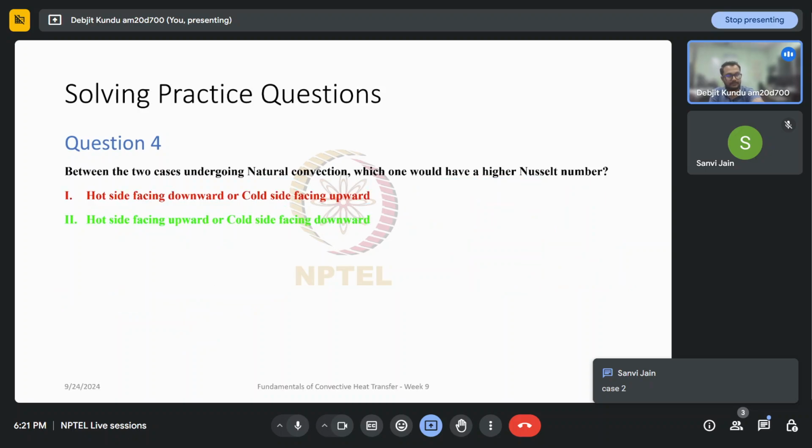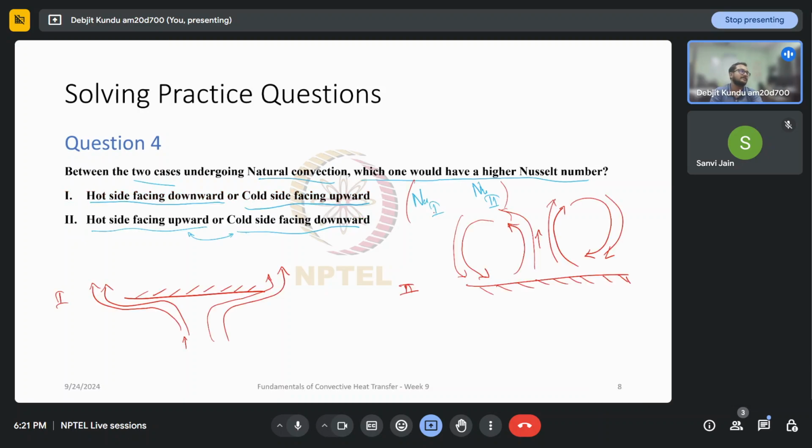So that is the correct solution, and the reason is that these convection currents like this actually take away a lot of the heat very easily, whereas in case 1 the flow itself is obstructed by the wall, so that doesn't really facilitate natural convection much.